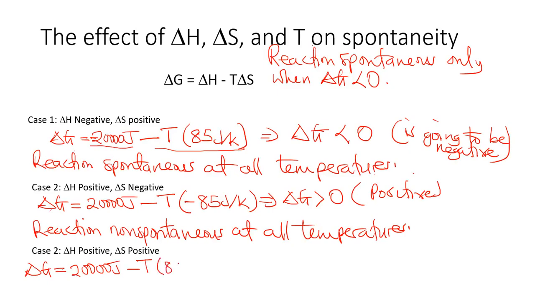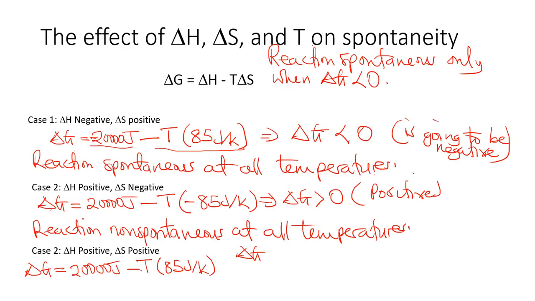So I'll put 85 joules per Kelvin. What will delta G be? Now, if you increase the temperature, there will be a time when the temperature times 85 is equal to 20,000, and the delta G will be 0.